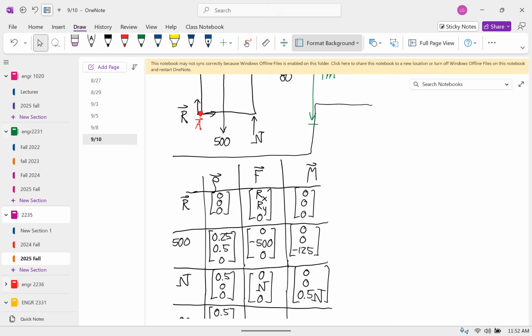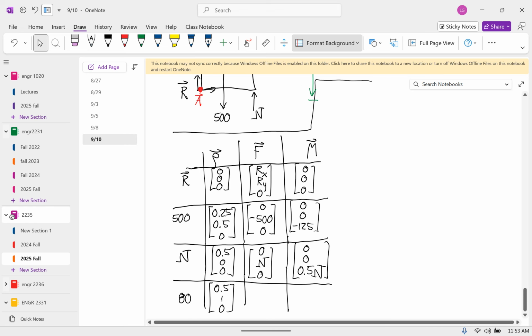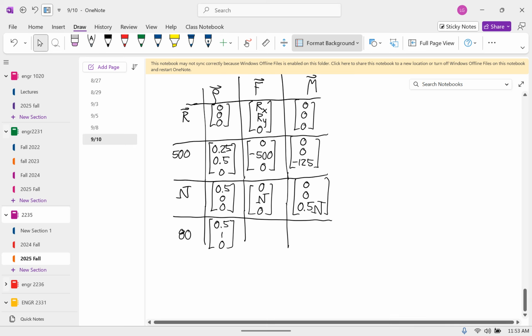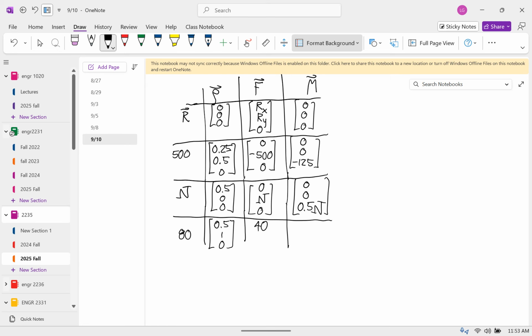We got 80 times cosine and sine of 300. So 40, negative 69.282, 0.